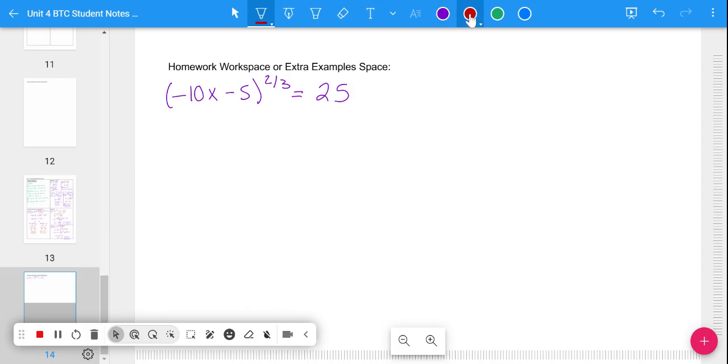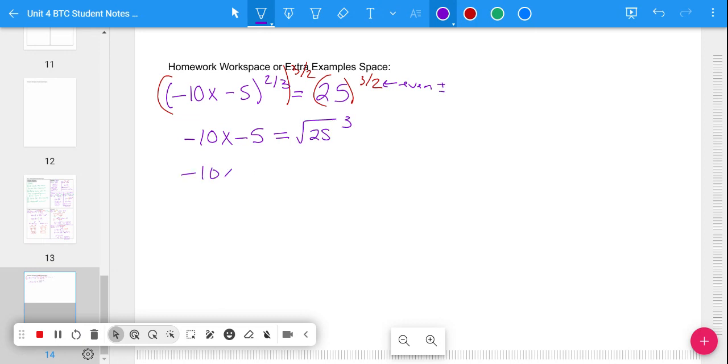All right, now that you've tried this problem on your own, again, we have this part alone, so we're going to raise this part to the reciprocal power. So we'll raise both sides to the 3/2 power. That's going to give me negative 10x minus 5 equals, well, the 2 is an even root, so remember I'm going to get plus or minus, but I'm going to have the square root of 25 to the 3rd power. So the square root of 25 gives me plus or minus 5 to the 3rd power is plus or minus 125.